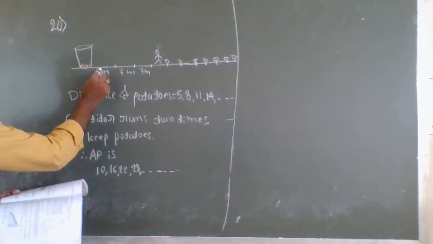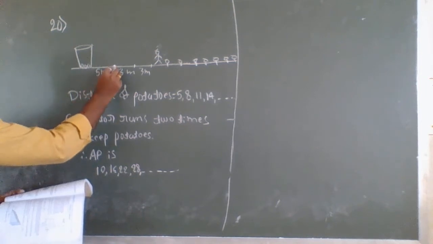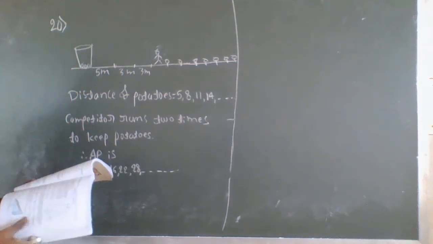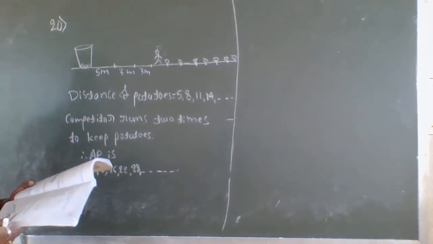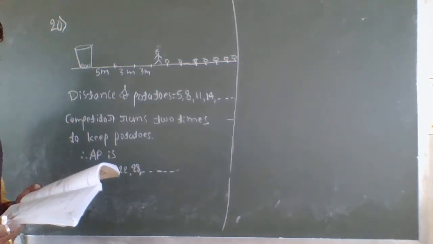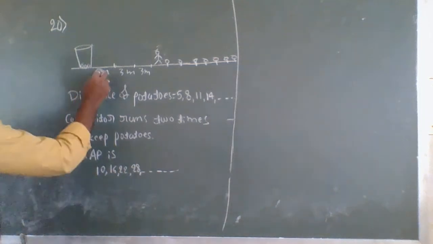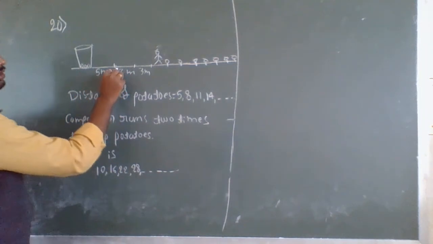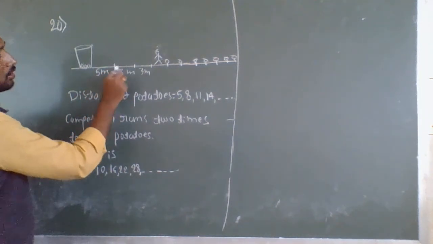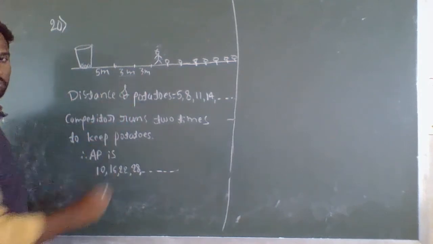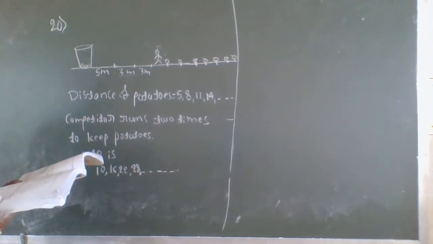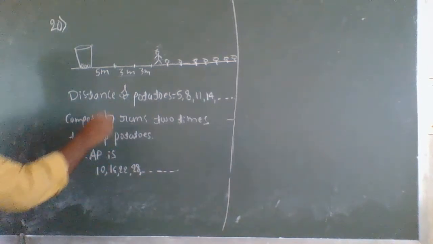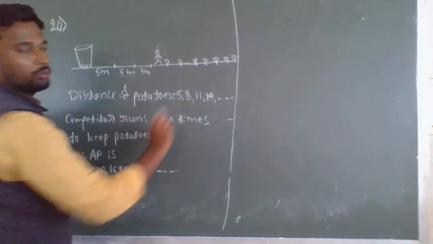This bucket is 5 meters from the first potato, and the other potatoes are placed 3 meters apart in a straight line. So after this 5 meters, in 2 potatoes there will be a distance of 3 meters. There are 10 potatoes in the line. So like this there are totally 10 potatoes.